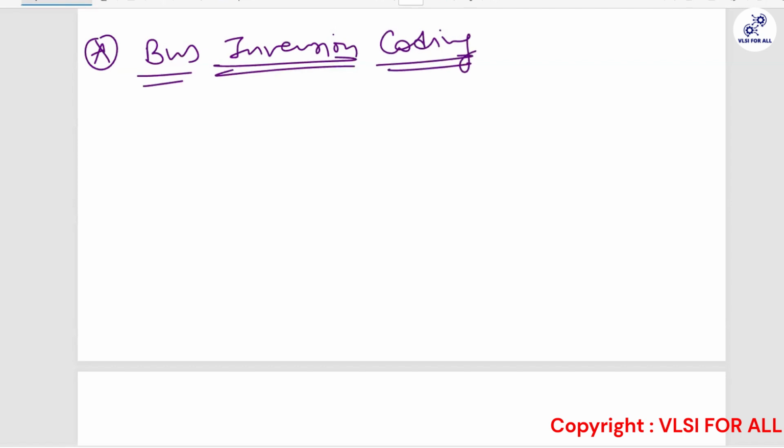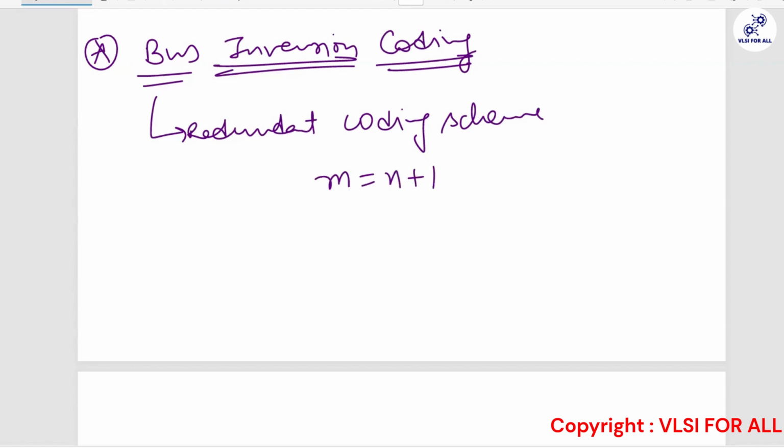This is also a redundant coding scheme. The good part here is that m is equal to n plus 1. So it is beneficial over one hot encoding. How? Because in one hot encoding, the number of bits in the receiver part or the communication channel increases exponentially, which we don't want, right? So here our m is equal to n plus 1 only.